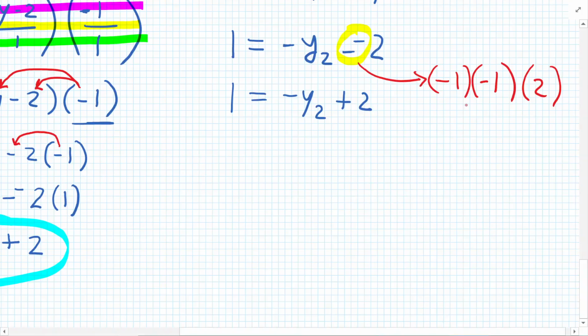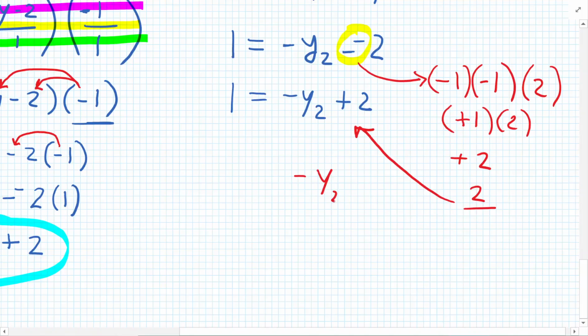So a -1 times a -1 is a +1 times 2. +1 times 2 is just 2, positive. And we generally don't write the positive, we just write 2. See that? Here we did because we're joining two numbers and we need to keep them separate. Otherwise it would look like minus y2, 2.